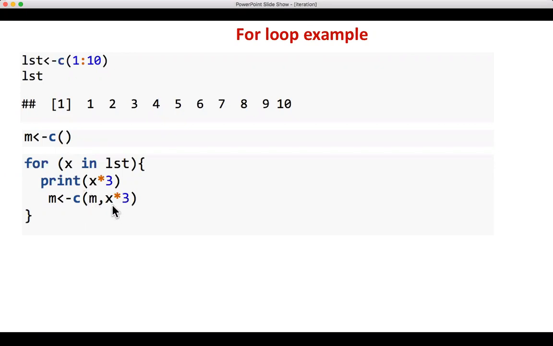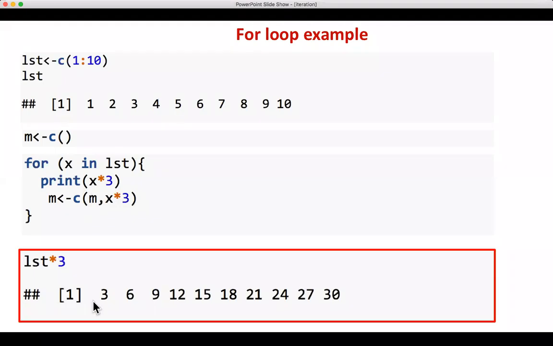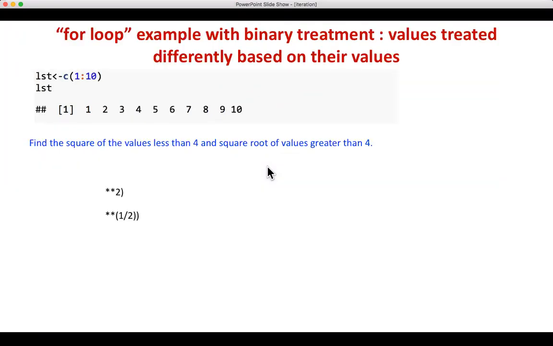It keeps on growing as you iterate through your for loop, and the output will be something like this. This can be achieved simply by vector multiplication also, but I don't want to take some really complex example. I want to make really simple ones so you understand how the for loop actually works. And once the concepts are there, I think you can go over them.